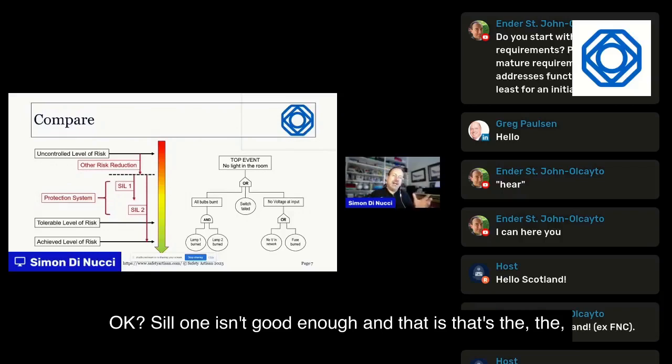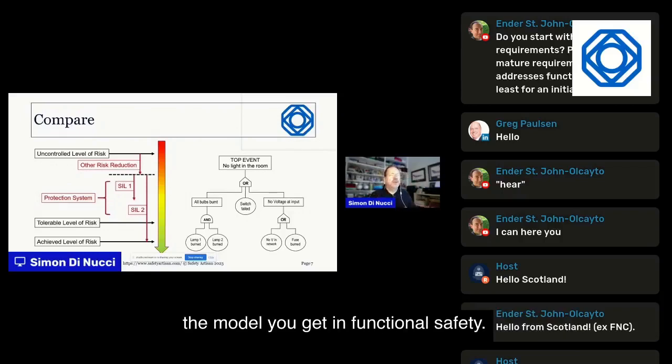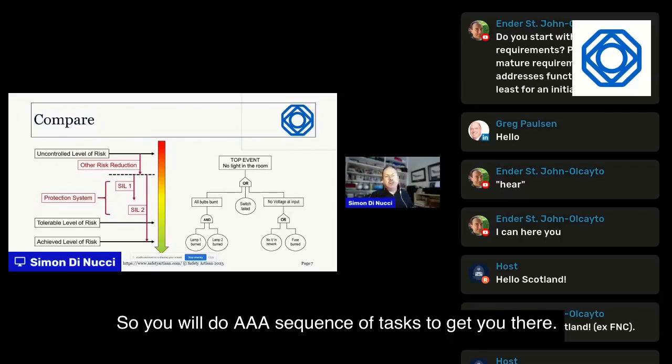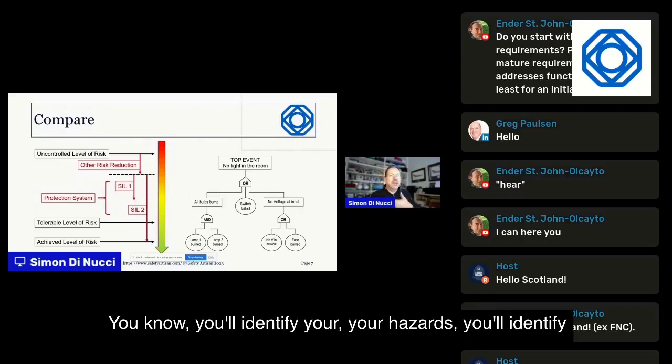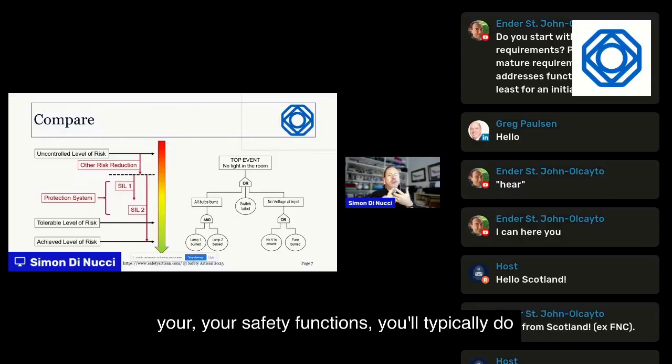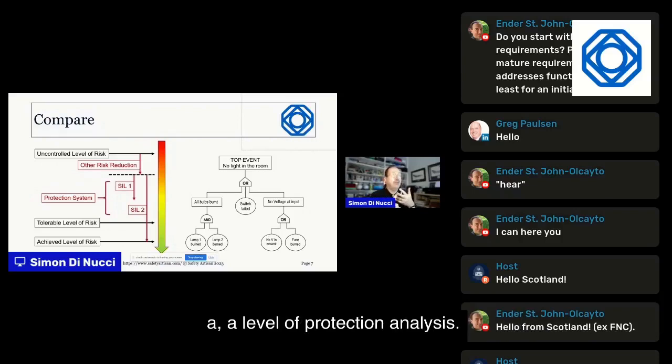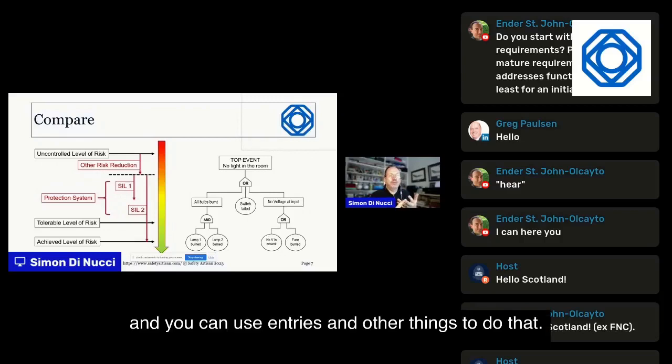And that's the model you get in functional safety. So you will do a sequence of tasks to get you there. You'll identify your hazards, you'll identify your safety functions. You'll typically do a level of protection analysis, a LOPA, L-O-P-A, and you can use event trees and other things to do that.